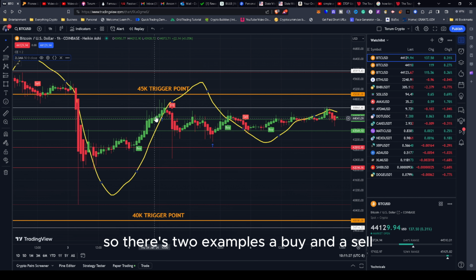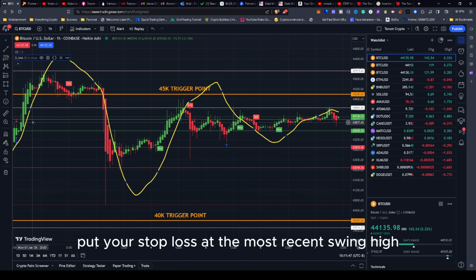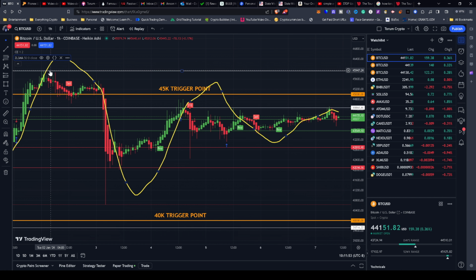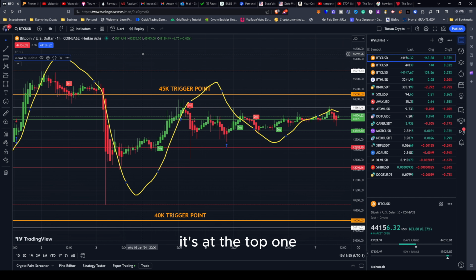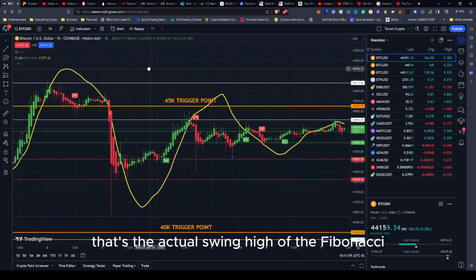So there's two examples, a buy and a sell. Like I said, on the sell, you would put your stop loss at the most recent swing high, which would have been this Fibonacci level right here. Is that the top one? Yes, that's the actual swing high of the Fibonacci.